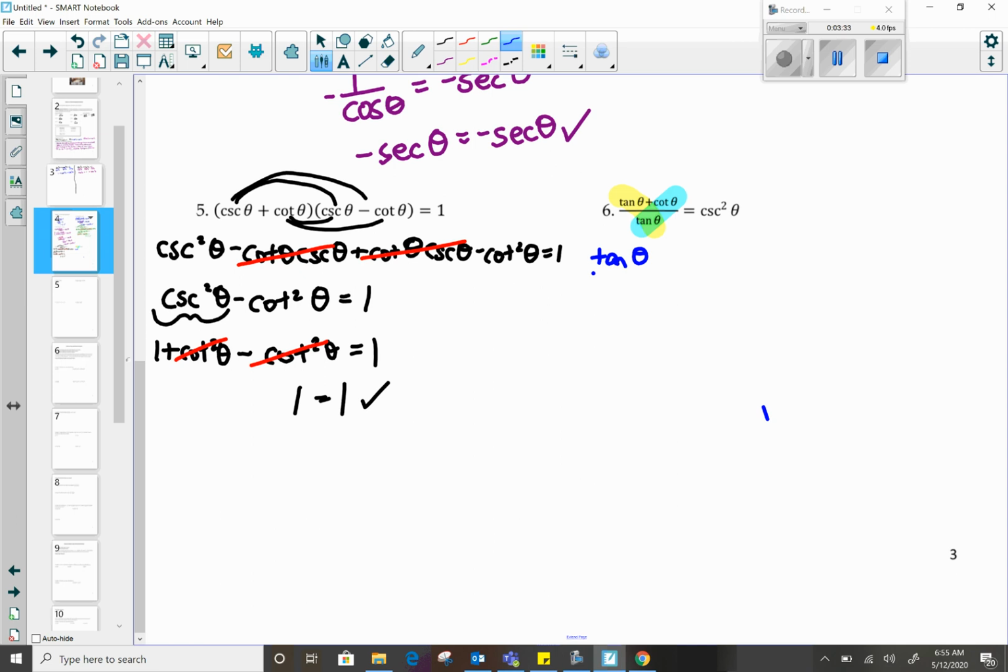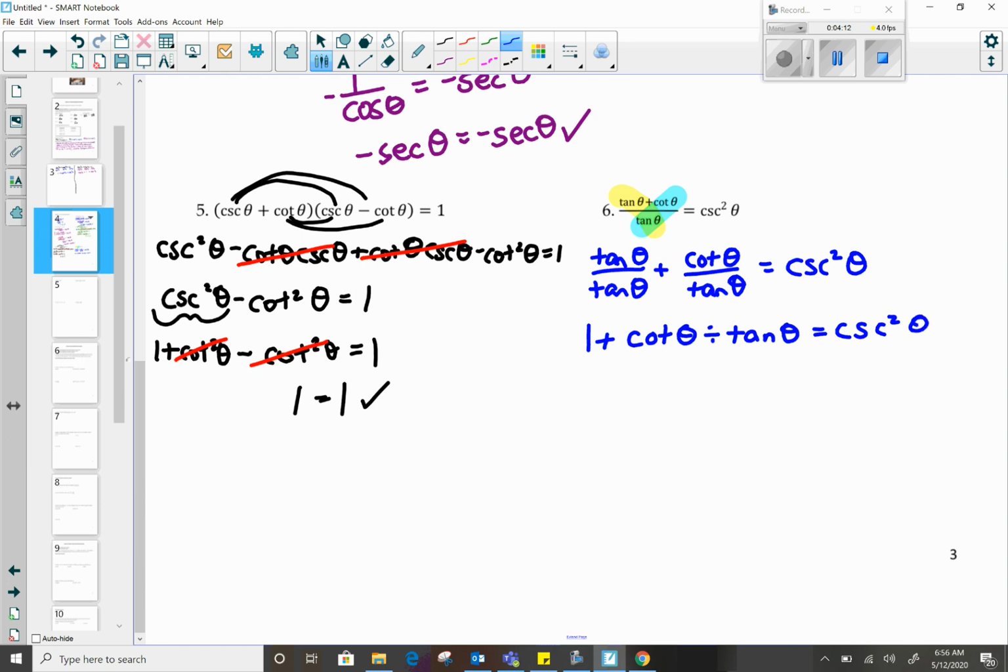Tan theta over tan theta plus cotangent theta over tan theta equals cosecant squared theta. Okay, now tan theta divided by tan theta is 1. And if you're not sure how this will look, what I generally do is I rewrite it as a division problem instead of a fraction. Sometimes fractions are a little bit harder to tell what to do with.